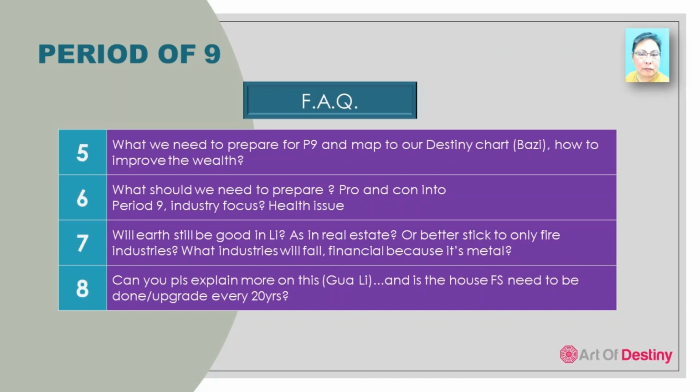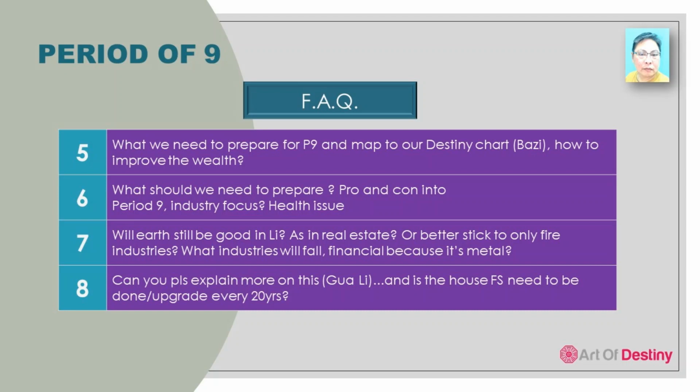Okay, so what's question number 5? Question number 5, what we need to prepare for period 9 and map to our destiny chart. Destiny chart here, I think this person means your Paji chart, the astrology chart, and how to improve wealth. Well, as I said, you just need to do an audit. Get the right person, a capable person, the rightful master to do an audit.